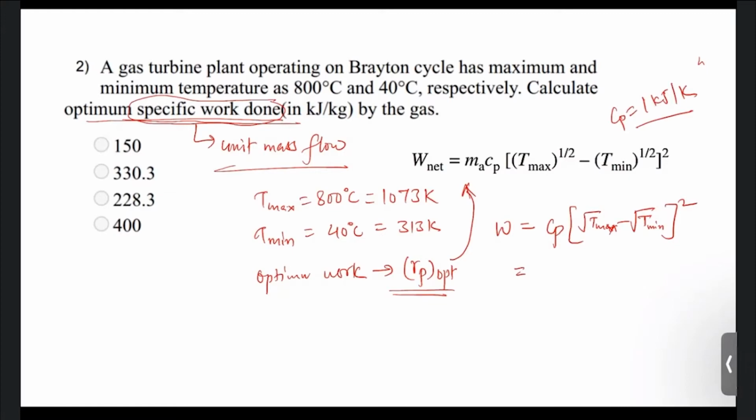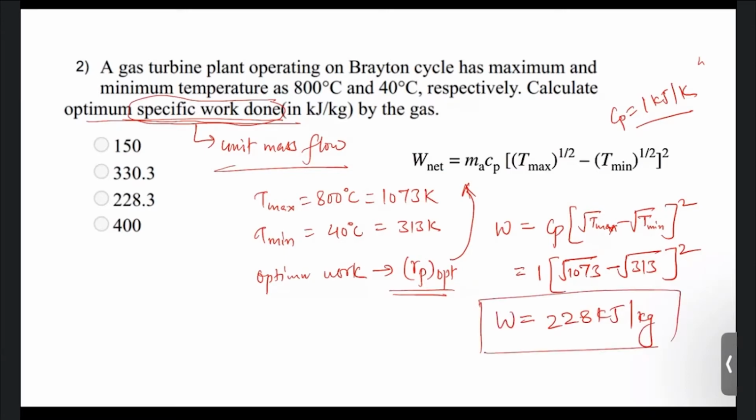Okay, so 1 into (root of 1073 minus root of 313) raised to power 2. Okay, so when we solve this, the value comes to nearly 228 kilojoule per kg. Okay, so this is the answer.